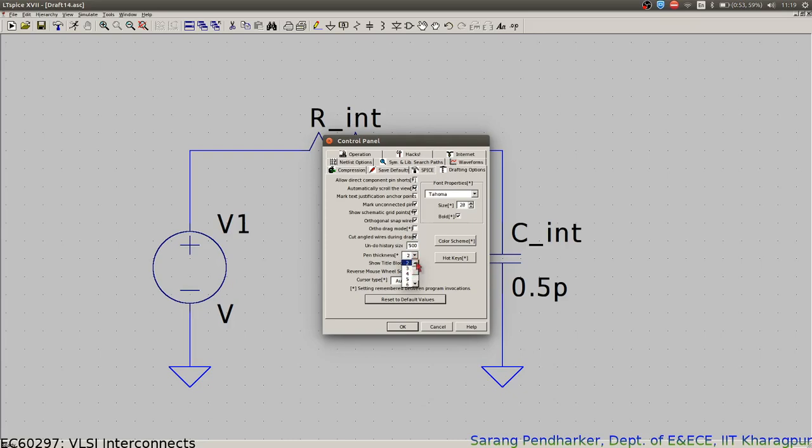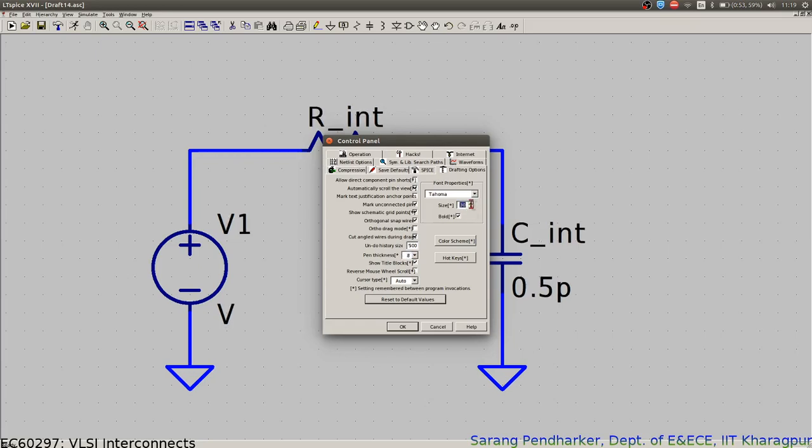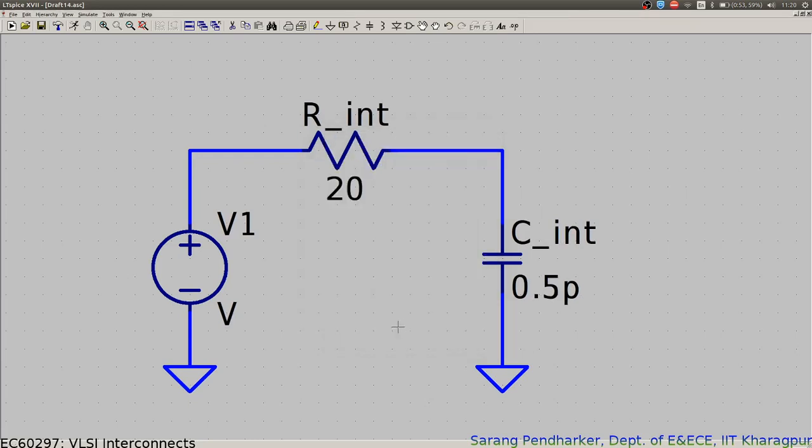For example, I can change the line width from here. This might not be visible on the recording, so let me make it even more thick. I can also change the font size from here. So once I have done that, I have defined my resistor and capacitor.